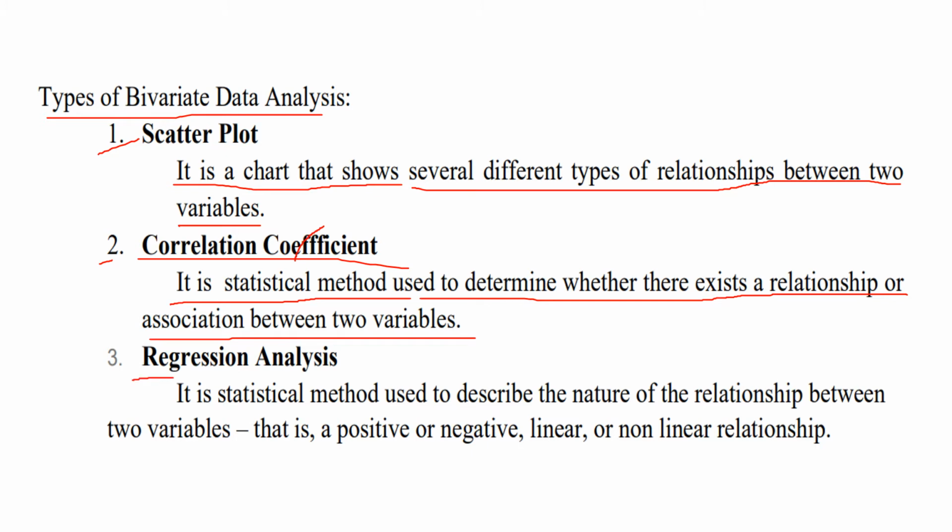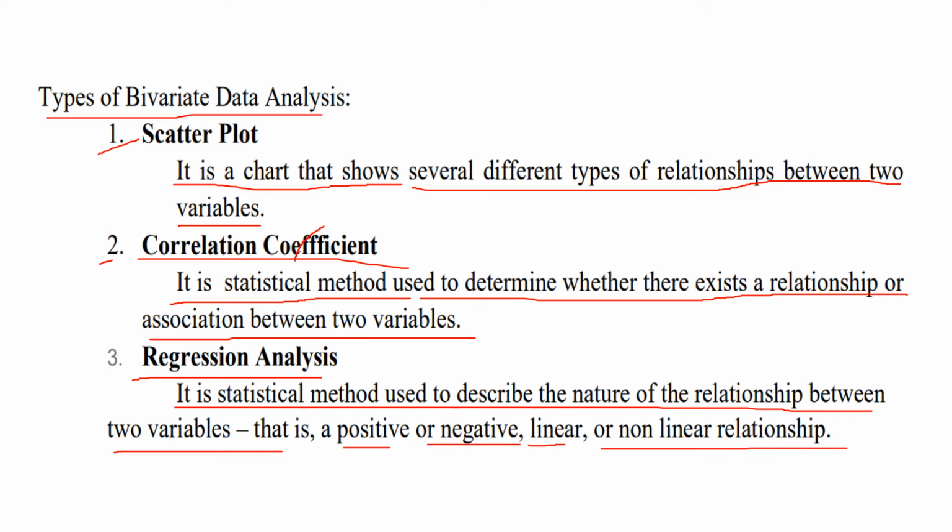The third one is regression analysis. It is a statistical method used to describe the nature of the relationship between two variables, that can be positive, negative, linear, or non-linear. So here, you can actually describe the nature of the relationship between your two variables.